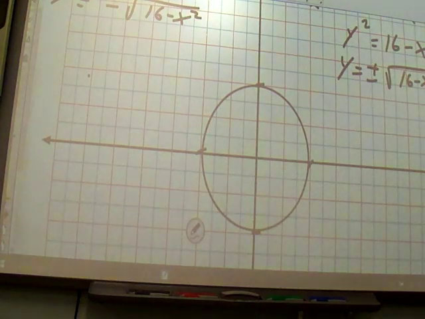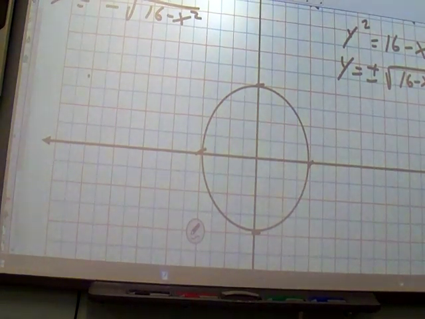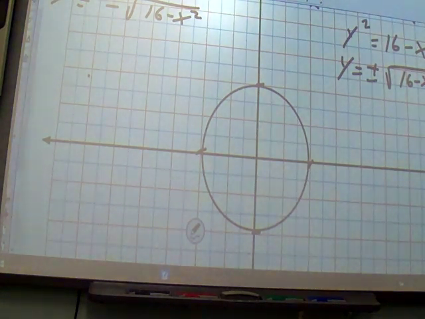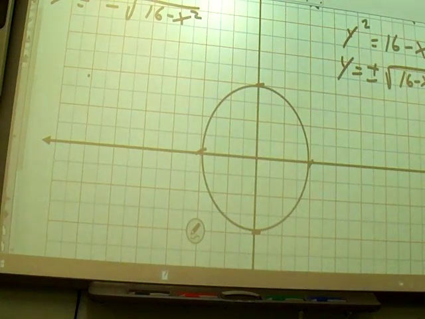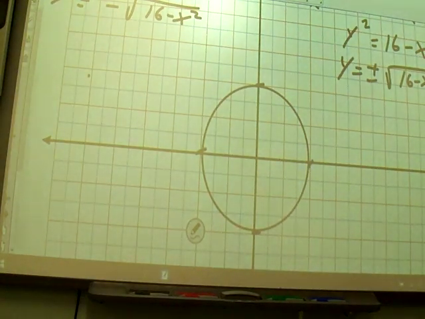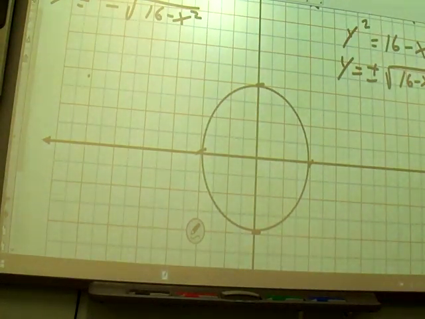We might still could, but it would have to be way fast and way crammed. And with those exponent rules that we did day before yesterday, we still need more practice with those. On the other hand, I've got to drag stuff out to make it last another week and a half or whatever we have.